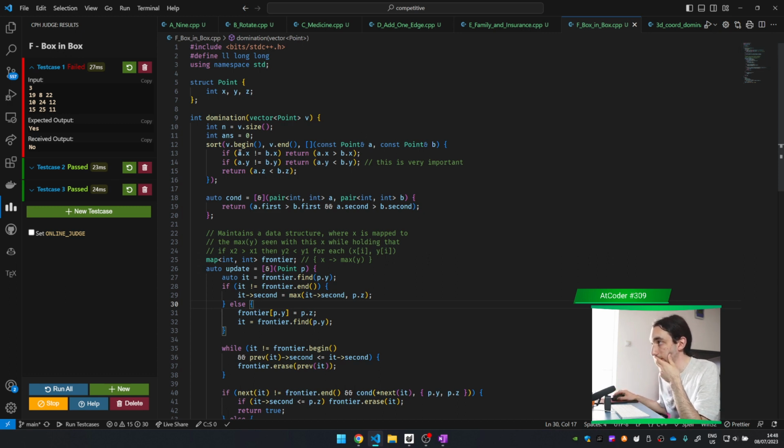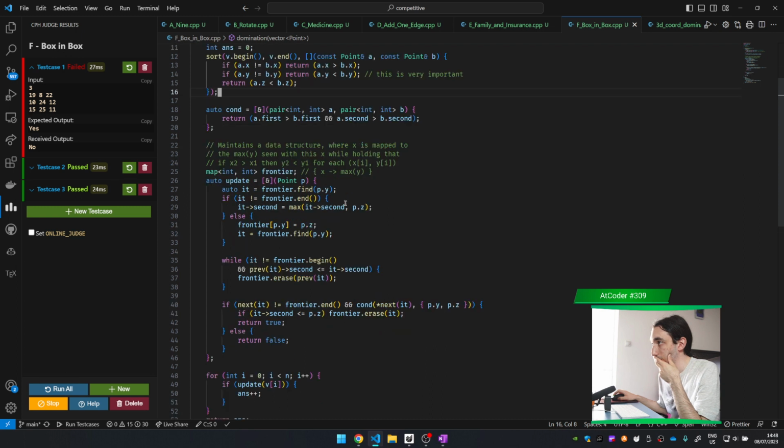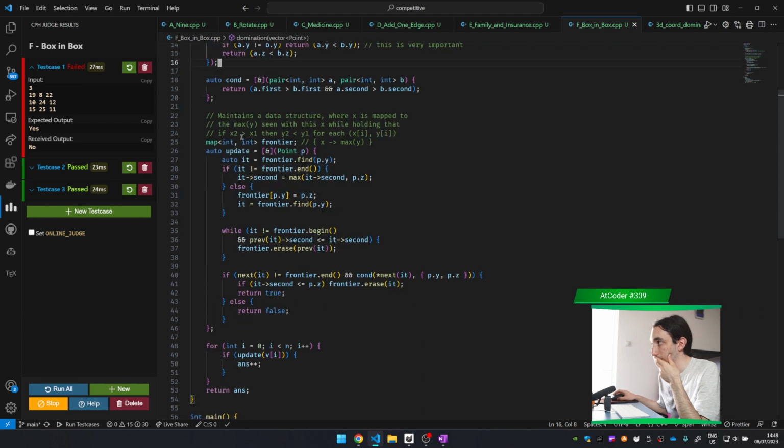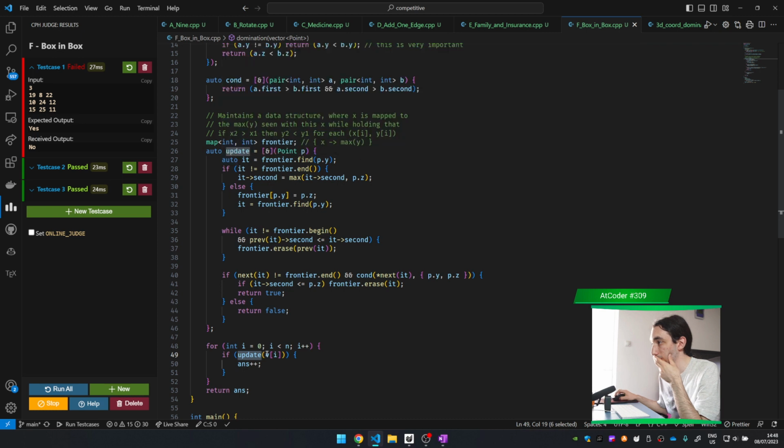So first what it does is it sorts the points by x coordinate, and then it has this frontier, and for each x and y it does this frontier, and this update function essentially just says, okay, I will add this point right now. While adding this point, it checks if there's some other point that is dominating this point or not.